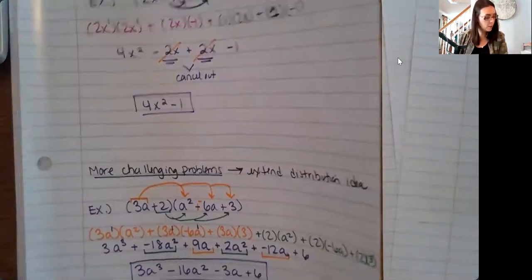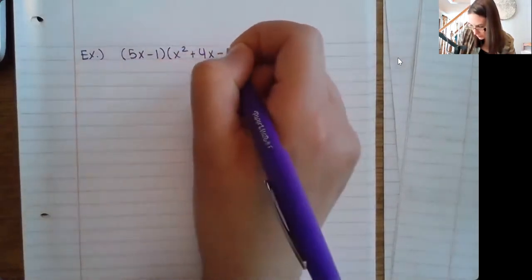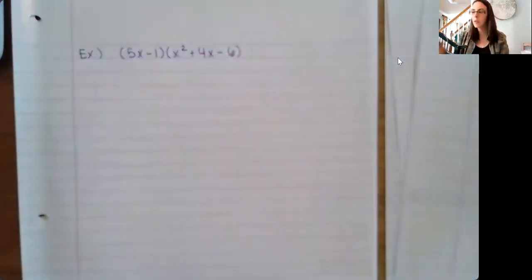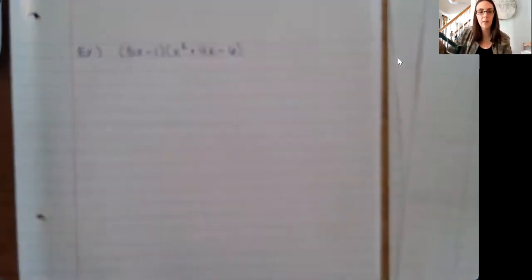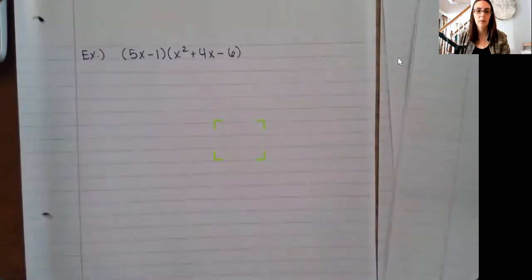All right, I'm going to do one more example here for you guys, and then I think that'll be enough for our examples. So we'll do another one of a similar style. There we go.